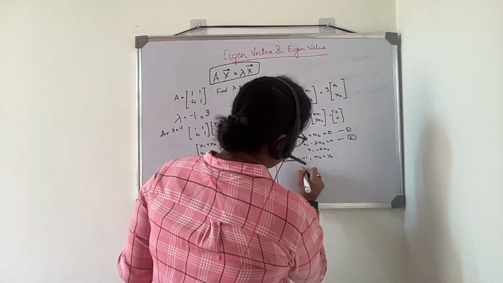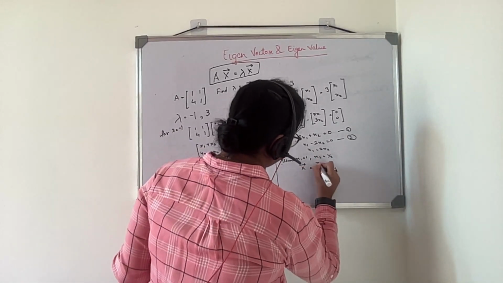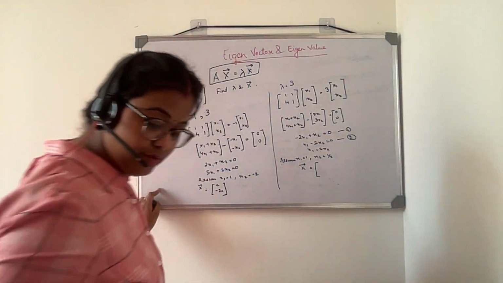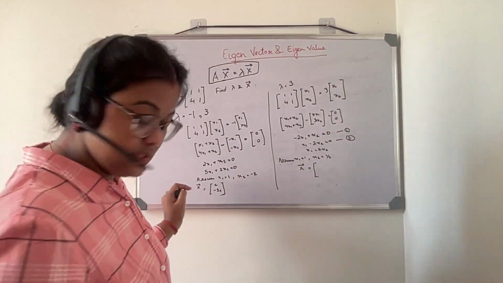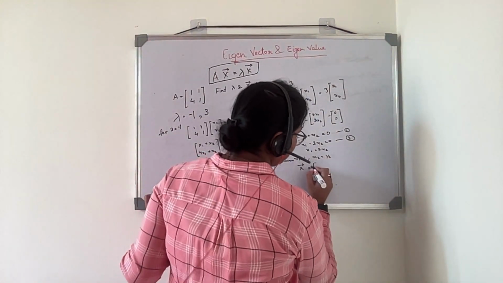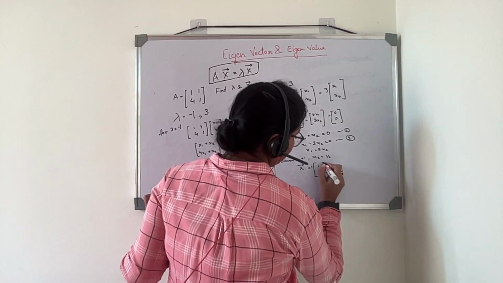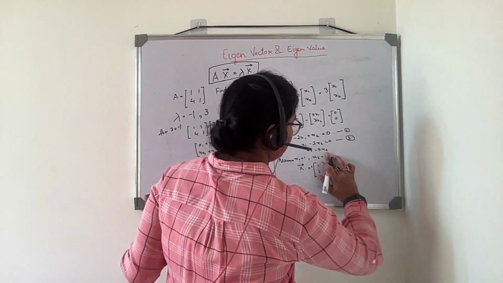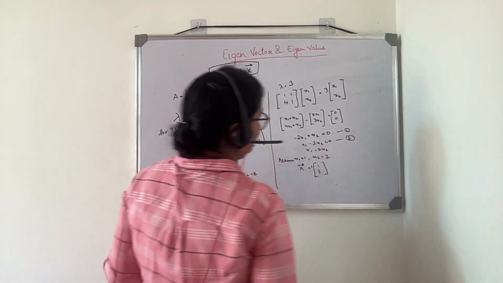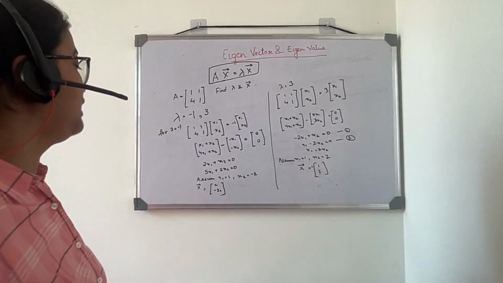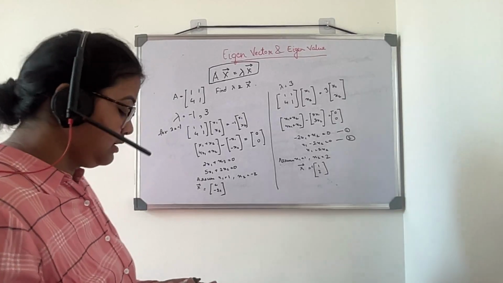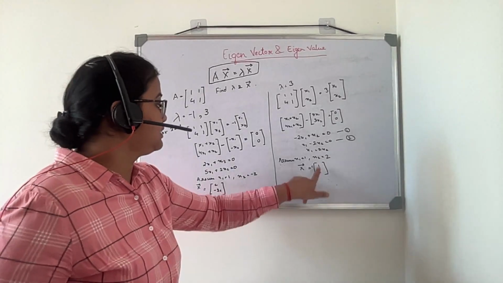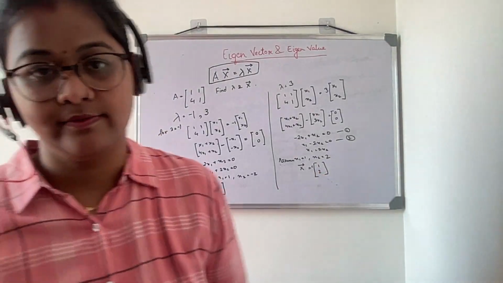Therefore the x bar will become, substituting these values, c of (1, 2). Therefore we got the eigenvector as any constant multiplied with (1, 2). So this is my final vector. So thanks for watching me.